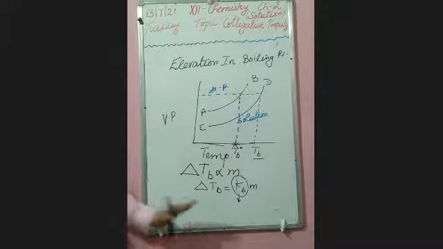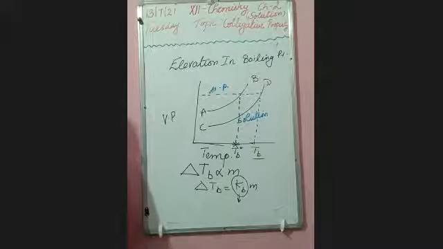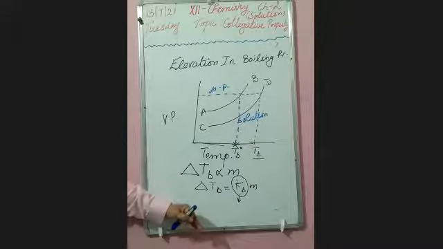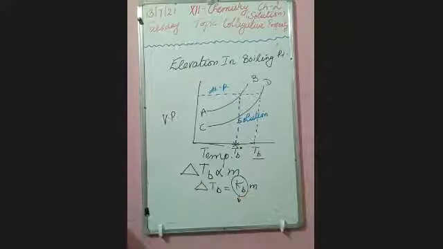Now, how can you say that this elevation in boiling point is a colligative property? Here, if you remember the definition of colligative properties, what is that? It is a property which depends upon the number of moles of solute and is independent of the nature of solute. So how can you say that it is a colligative property?